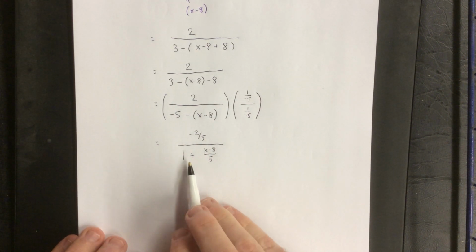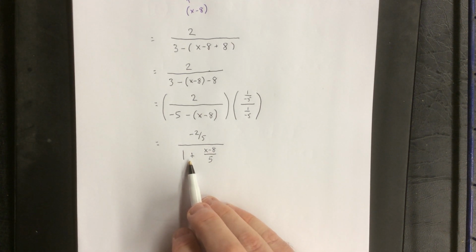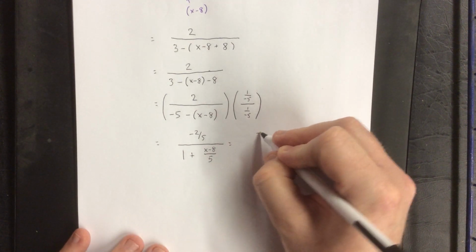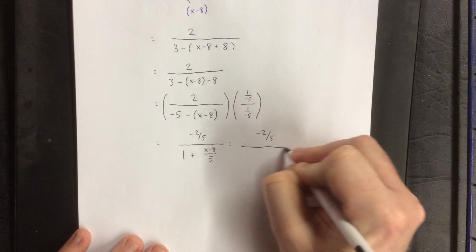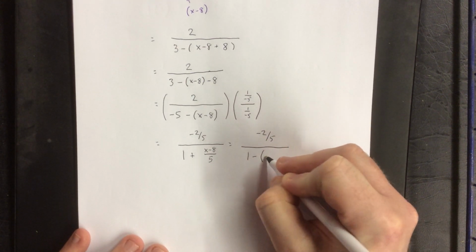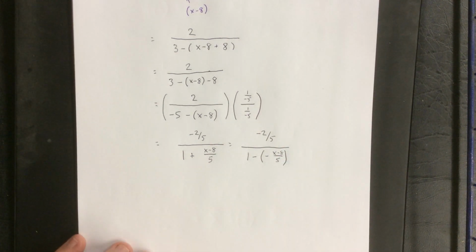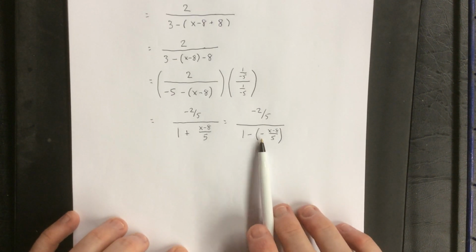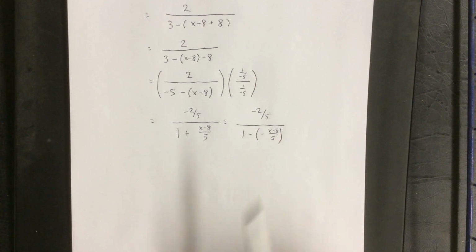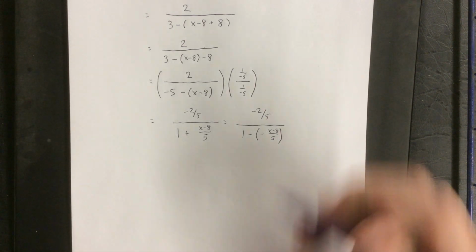Now, unfortunately, we needed this plus to stay minus, so what we're going to do in response to that is call it minus a negative. I guess I probably could have done that in the first place. So now our common ratio is going to be this negative x minus 8 over 5, and our first term is going to be this -2/5.